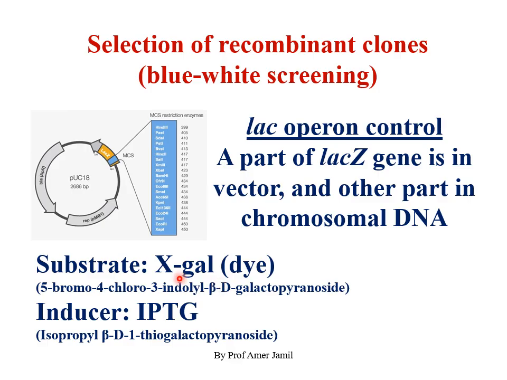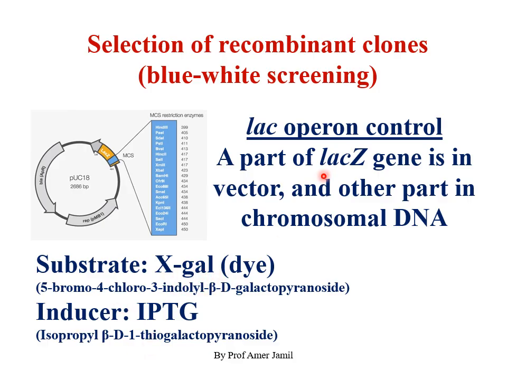So this X-gal, 5-bromo-4-chloro-3-indolyl beta-D-galactopyranoside, is a dye. It is basically a colorless compound, but when it is hydrolyzed by beta-galactosidase, you get blue color.